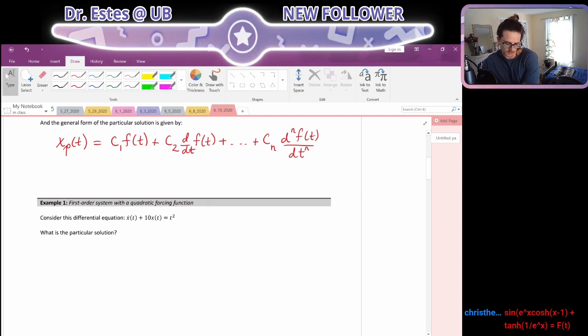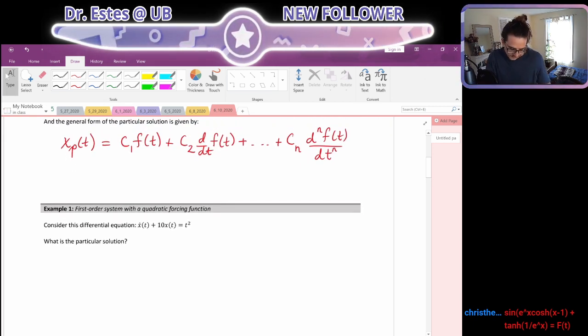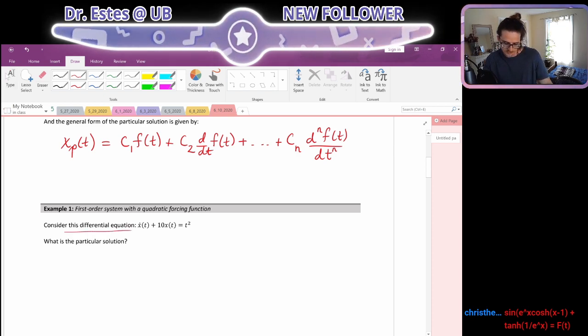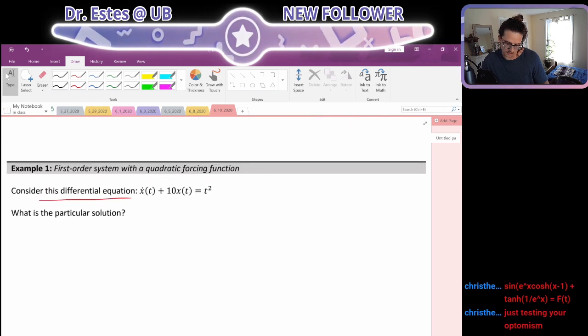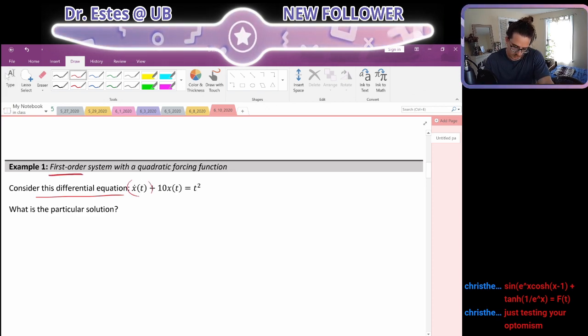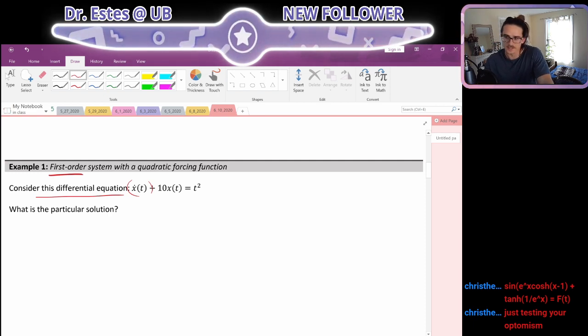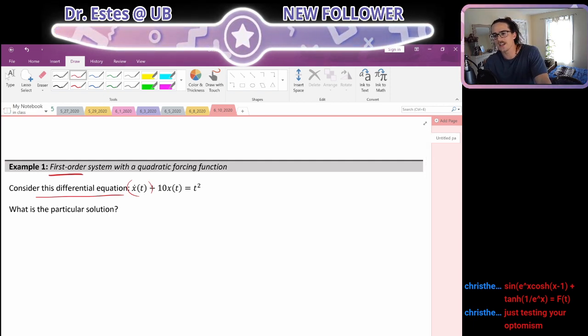Okay. Let's do our very first example of the day. So let's look at this differential equation. This is a first order differential equation. Let's zoom in more. So first order, you can tell because there's just one derivative of the dependent variable.